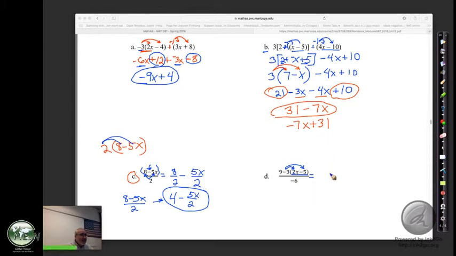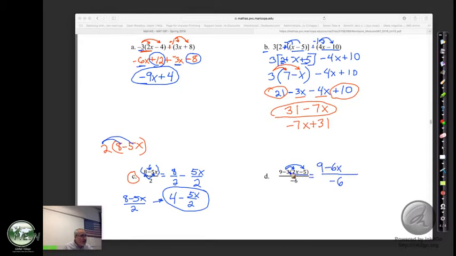Okay. So then what we end up with, again, a lot of times in algebra, we're just rewriting things that we don't do anything with, right? The negative 6 we didn't do anything with. The 9 we're not going to do anything with. The negative 3, though, we distribute. Negative 3 times 2x gives us what? Minus 6x.